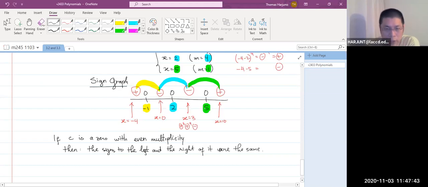And consequently, because they have the same sign, it also implies the graph does not cross the x-axis.